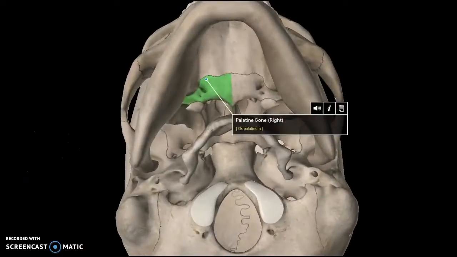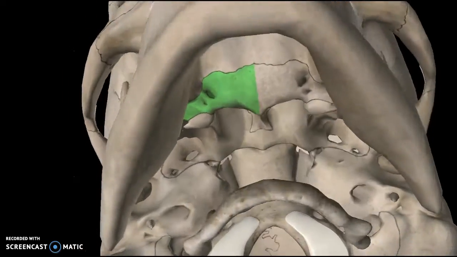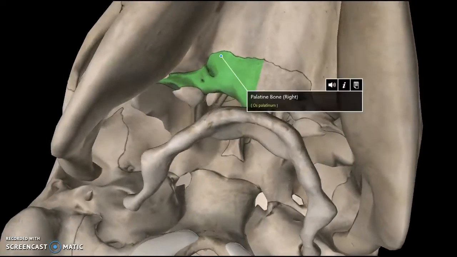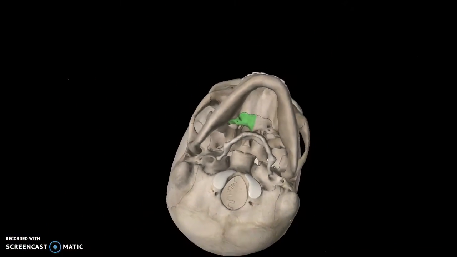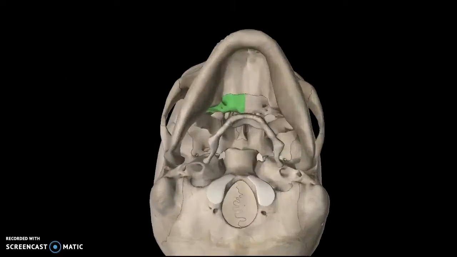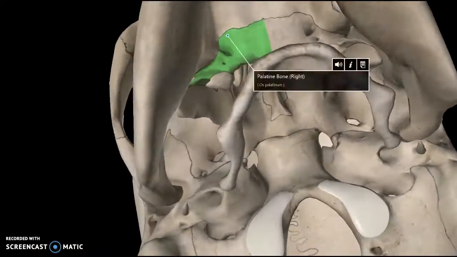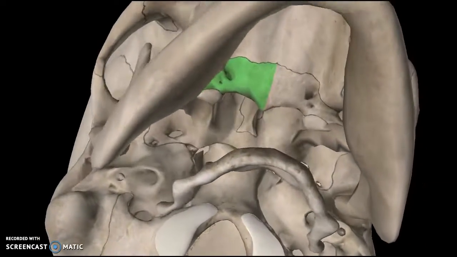And we can also talk about the pterygoid plates, which are these two structures on the left. Let me just zoom out so you guys can get the big picture. So this is the skull, looking at the posterior view, and right behind the hyoid bone, you see two structures.